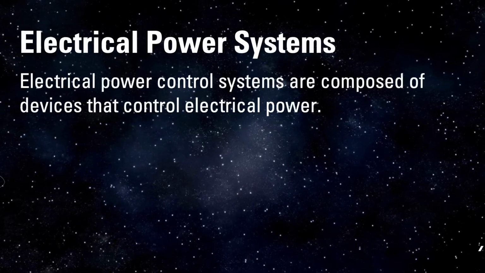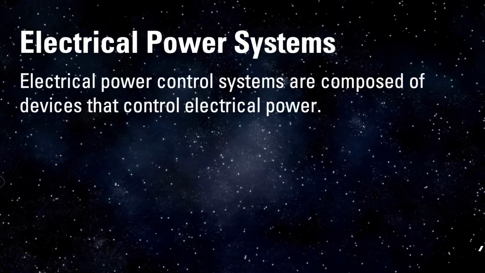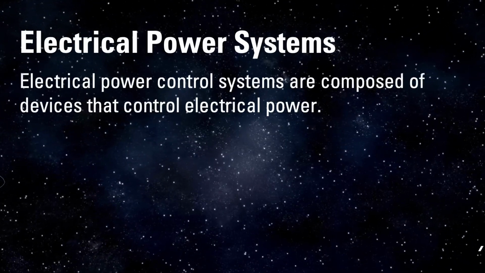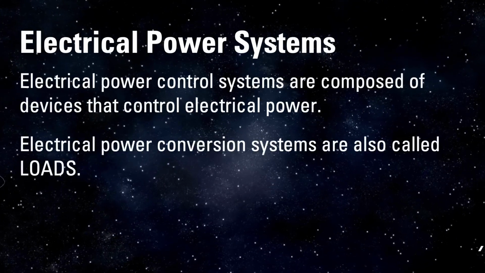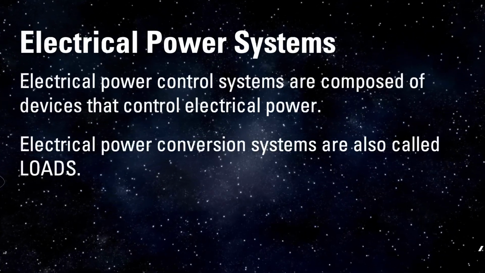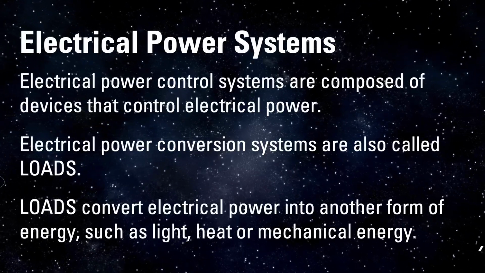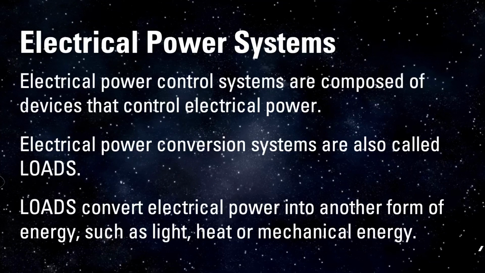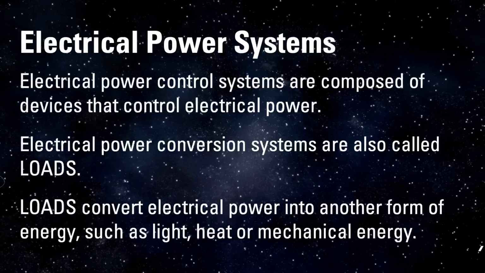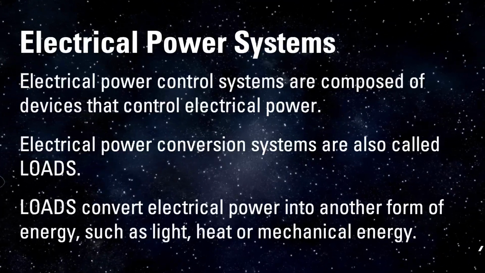Electrical power control systems are composed of devices that control electrical power. Electrical power conversion systems are also called loads. Loads convert electrical power into another form of energy, such as light, heat, or mechanical energy.